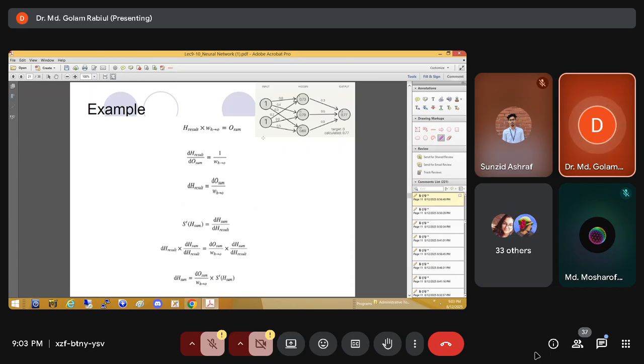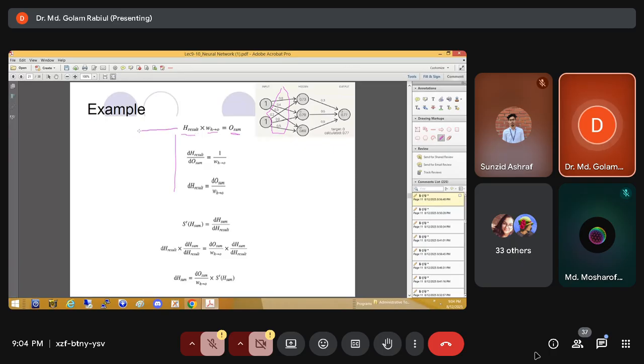So now our target is to update those weights from W1 to W6. And for that, we will utilize again the equation. So this is the equation: hidden layer results times WHO, the hidden to output layer weights, equals output sum.